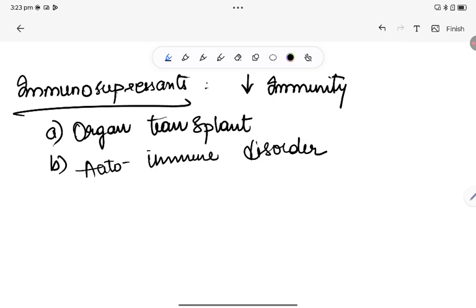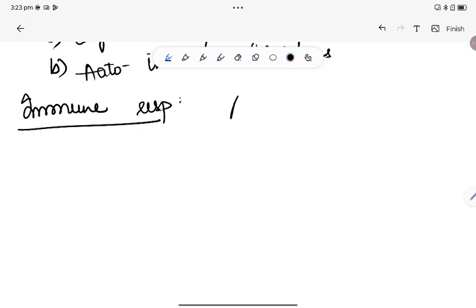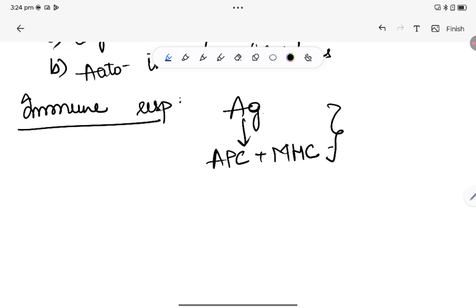Before talking about all these, let us first understand the normal physiological process of immune response. Whenever an antigen is present, our body, with the help of antigen presenting cells and the MHC complex, that is our major histocompatibility complex, combined with the antigen forms a complex.